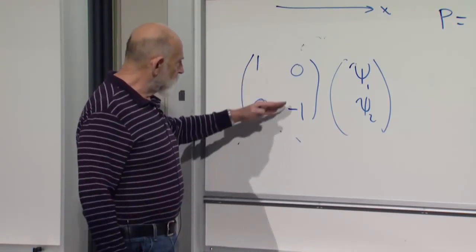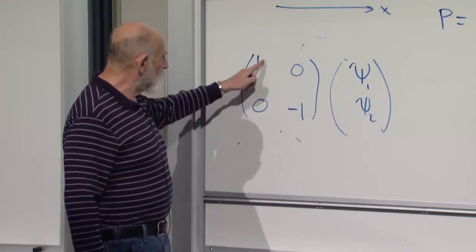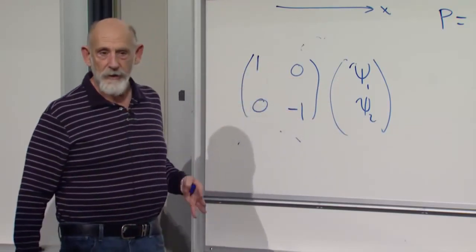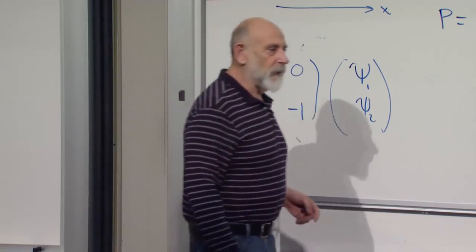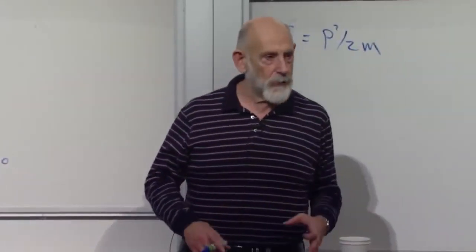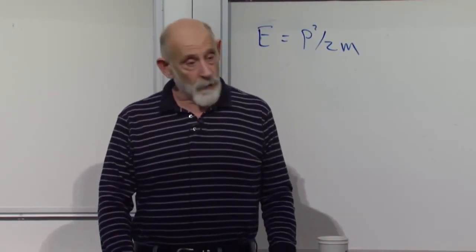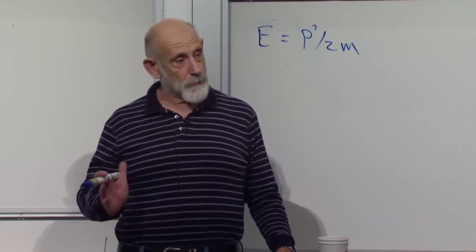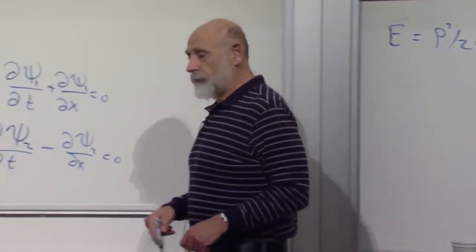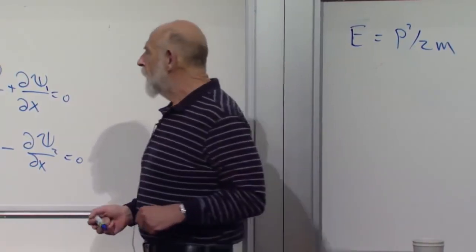It's either up, well, it's not up or down, but it's moving to the right or it's moving to the left, and we'll just give this matrix a name. Now, if it was spin, it is the observable, the matrix observable or the linear operator, which distinguishes between the two kinds of particles. Okay? It's very much like a spin being up or a spin being down, except that it's not spin.